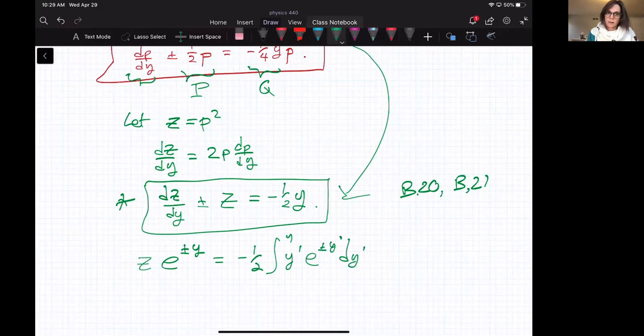This is just following the same thing that we did yesterday or Monday. And so that equals minus 1/2 e to the plus y times plus y minus 1 plus a constant.